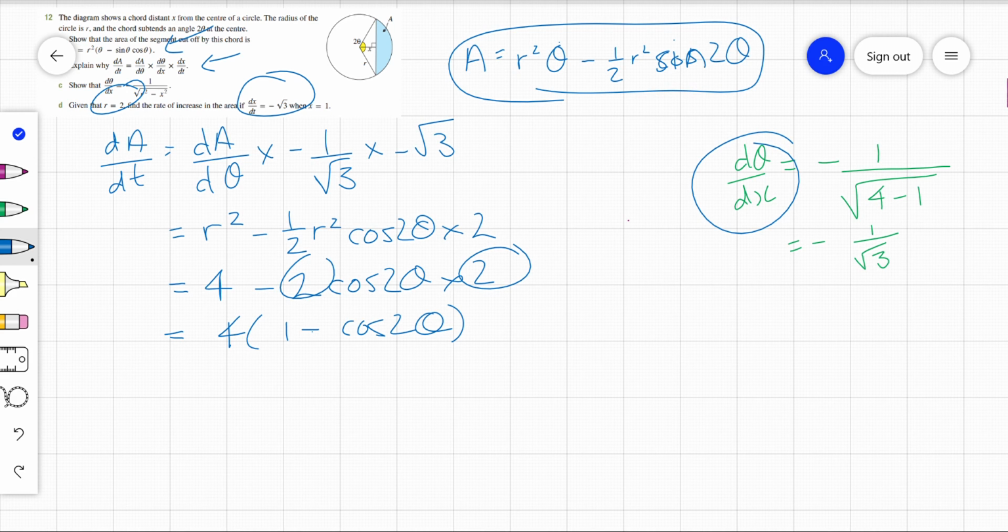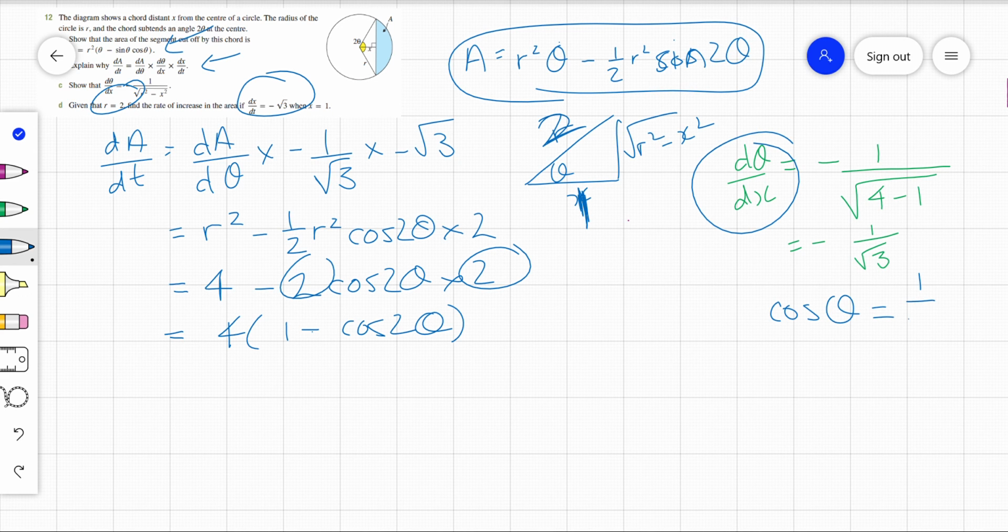What is cos 2 theta? Well, we know what cos theta is. If you remember back to that triangle, which had theta there, and x and r and square root of r squared minus x squared. So we know that r is 2 and x is 1. There we go. And that's all we need for cos theta.